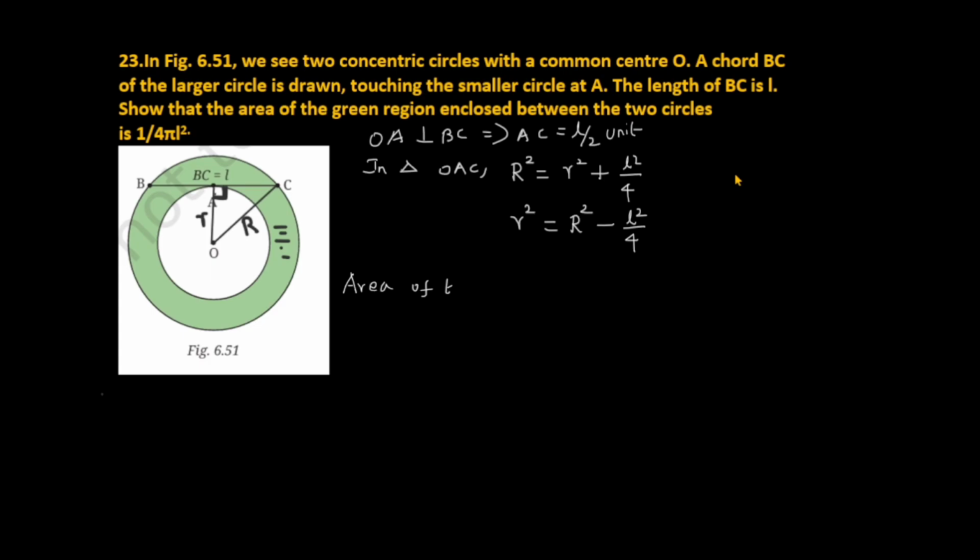Area of the green region is equal to area of outer circle minus area of inner circle. So, area of outer circle with radius capital R is pi capital R squared, minus area of inner circle with radius small r, which is pi small r squared. Pi is common, and we get capital R squared minus small r squared.